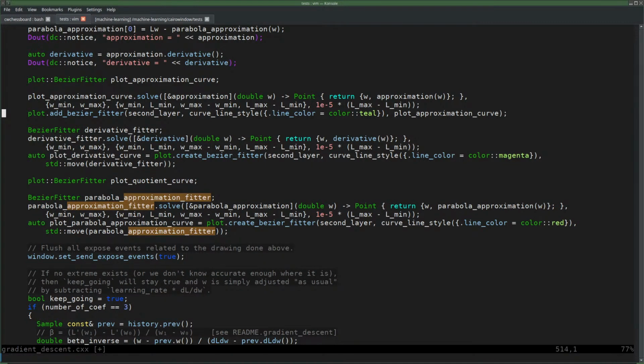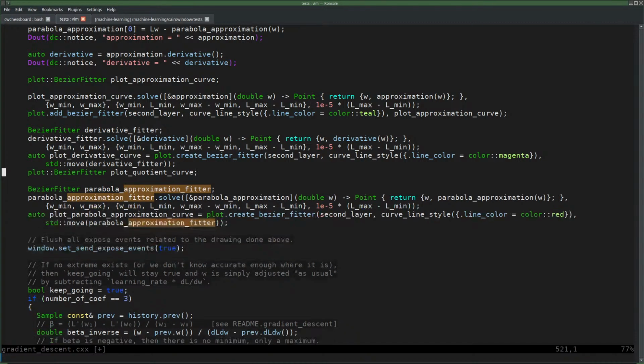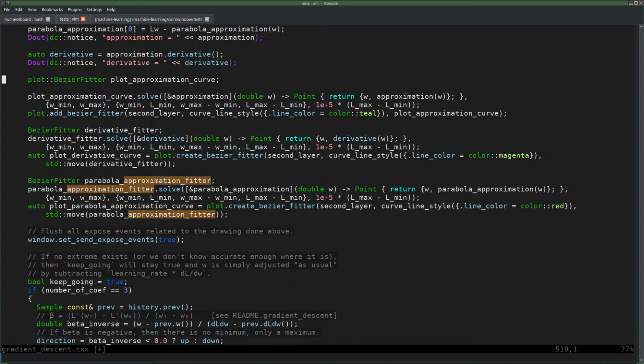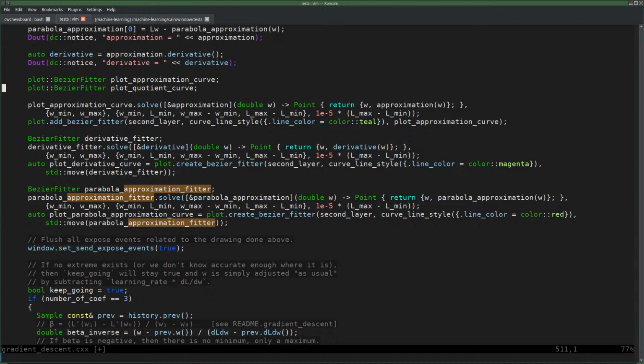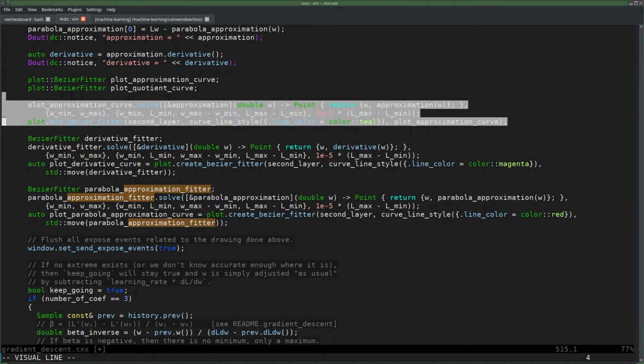Good. So now the solving and the drawing happens here. We can move that one down then.